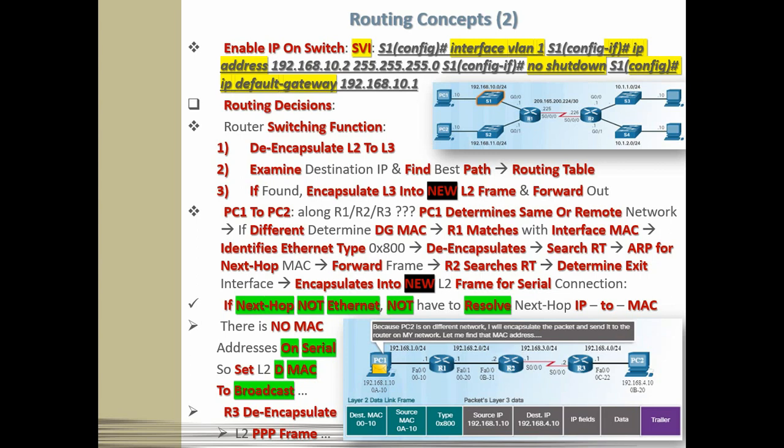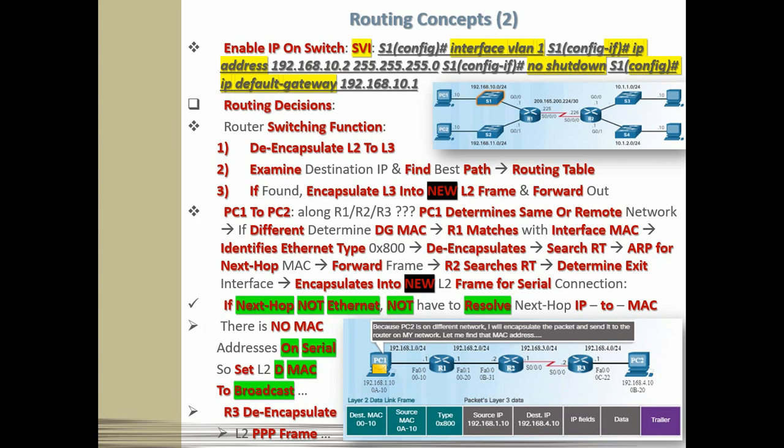Then the router examines the destination IP address of the packet included within the frame, in order to find out the best path to forward the packet out, and this best path is determined by the map that we have in our hand, called the routing table.